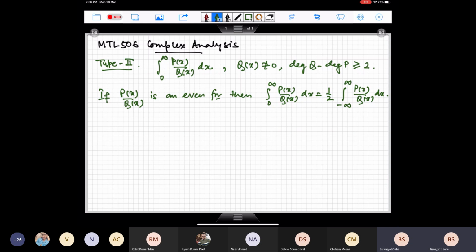And of course we know how to calculate this integral. So if that works out, that's good. But suppose that's not the case, then we will need a slightly different strategy.